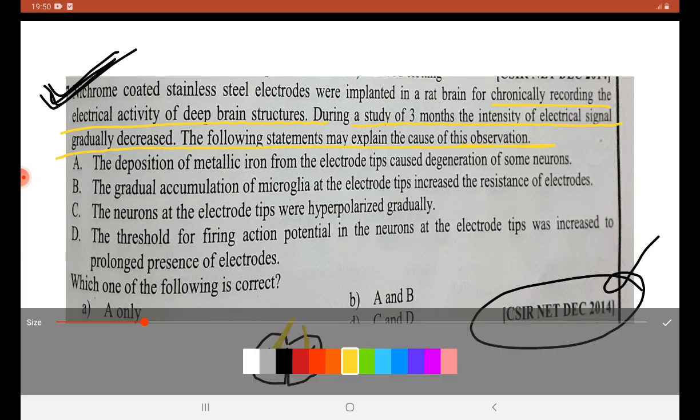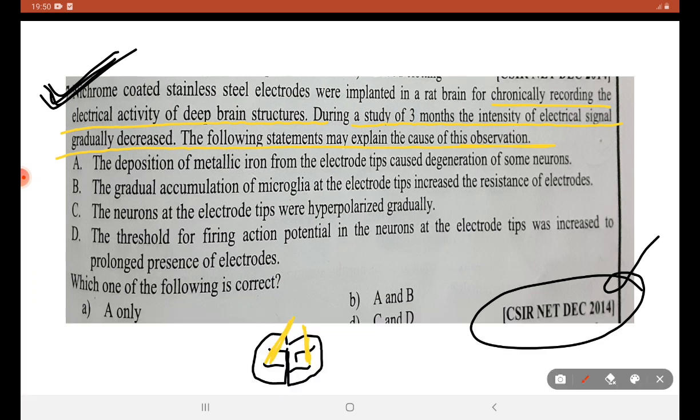Deposition of metallic ion from the electrode tips causes degeneration of some neurons. This is a correct statement. Gradual accumulation of microglia at the electrode tips increased the resistance to electrodes. This is a correct statement. Neurons at the electrode tips were hyperpolarized. This is a wrong statement.